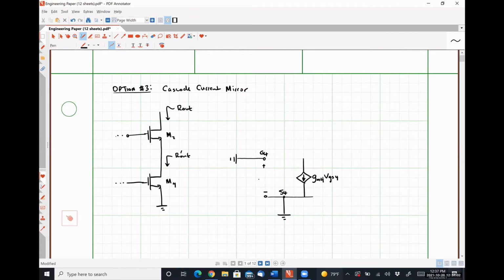So this voltage here must then be VGS4, since it's the potential difference between the gate and the source. Here we have our channel length modulation resistance, R out 4. Here's the drain of transistor M4. And here is the output terminal that we are looking into to find R out prime.